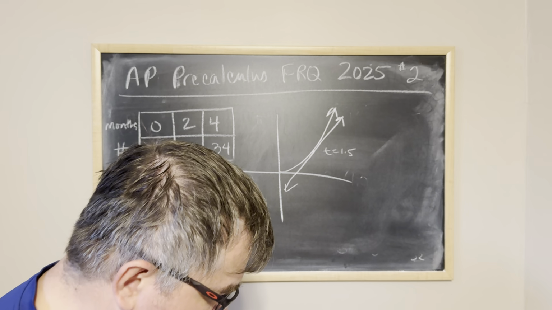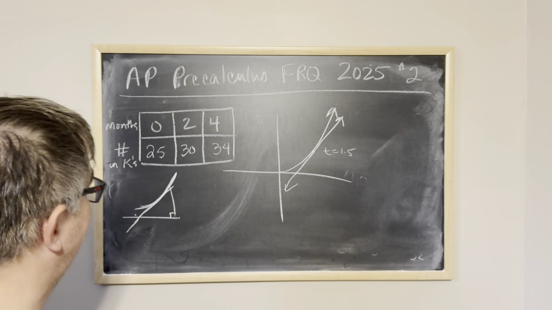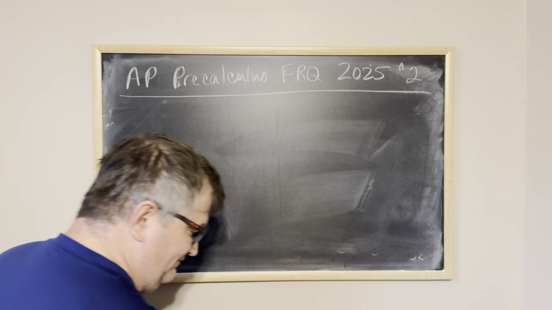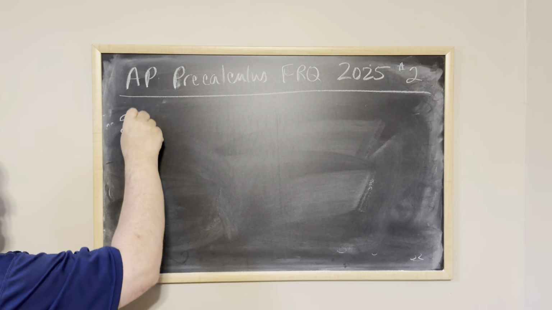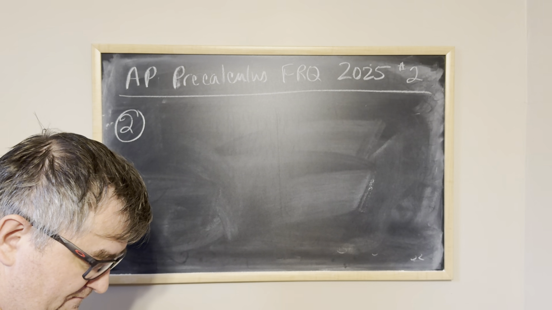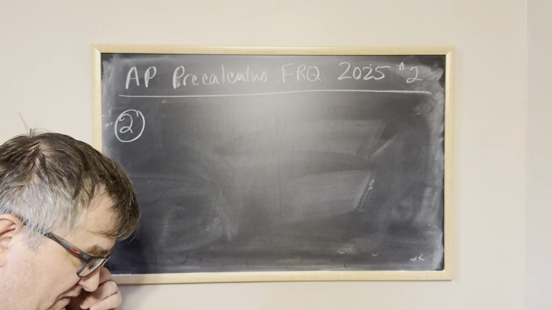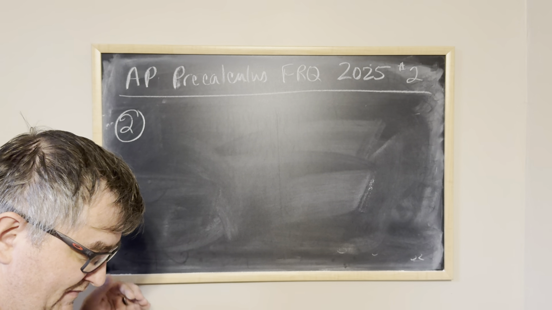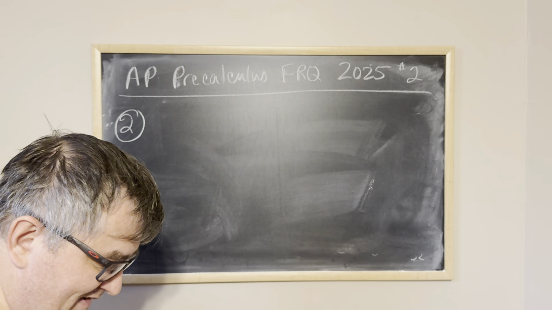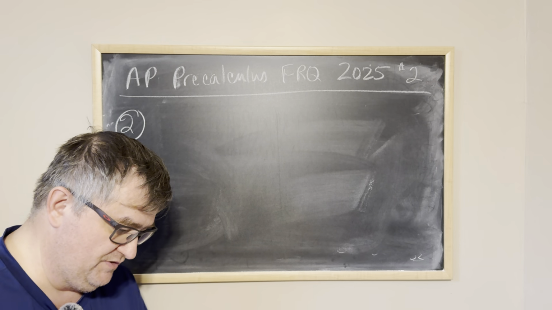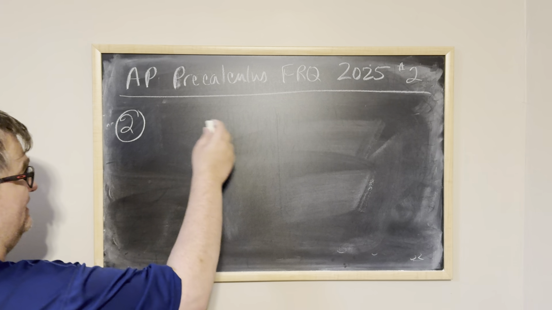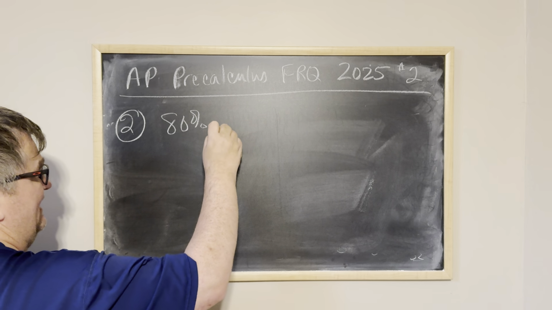So, like in question 1, I want to rate the problem. So, question 2, how would I rate it? So, the first thing I'm going to say is outside of question B part 3, which I really liked that question, everything else you should have exposure to in an Algebra 1 class. So I'm going to say this question is 80% Algebra 1.